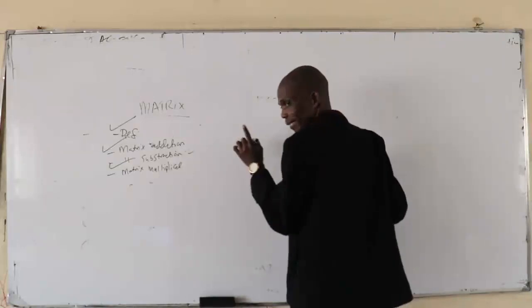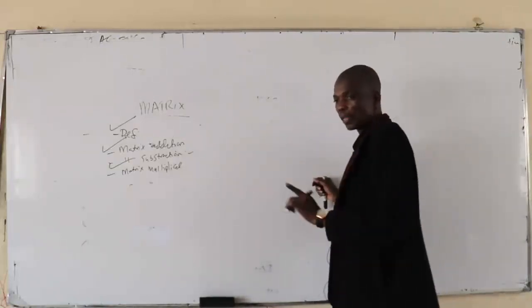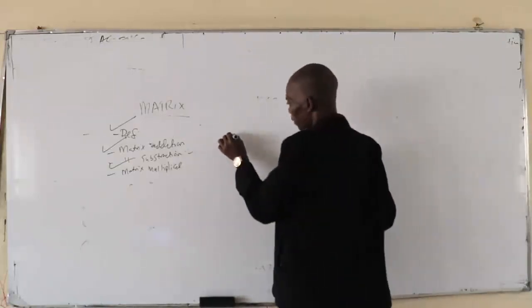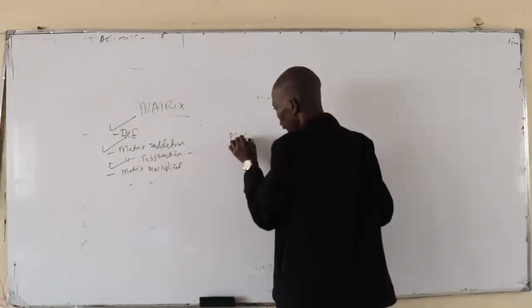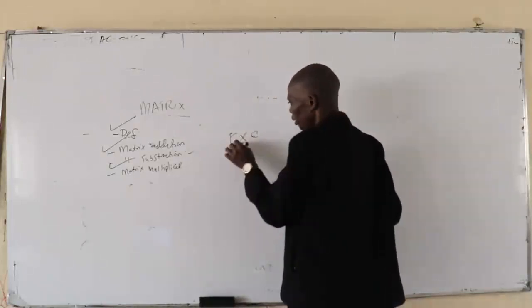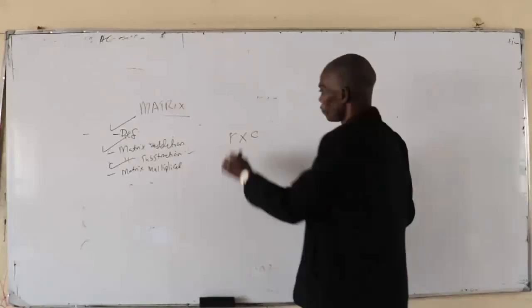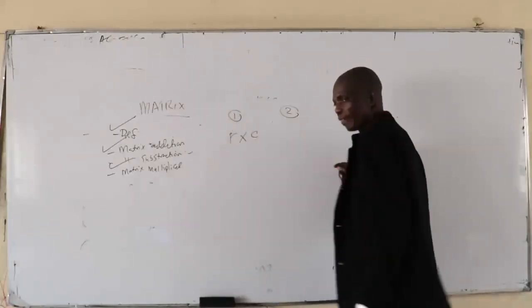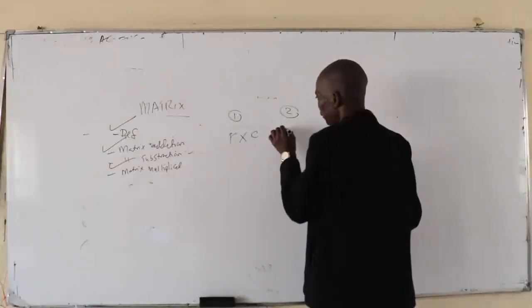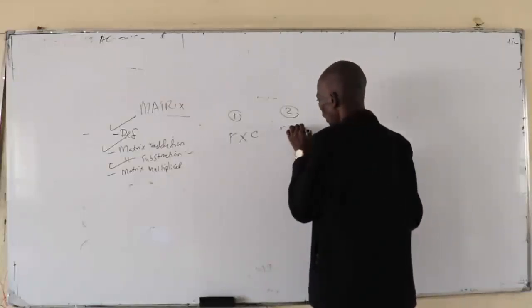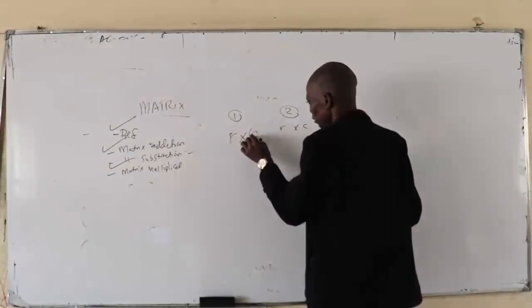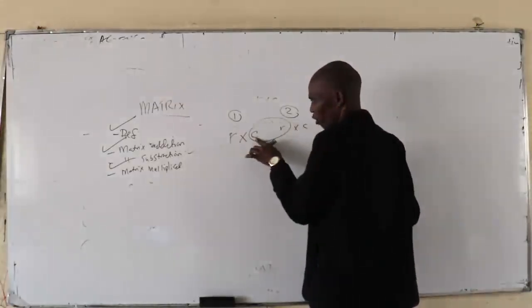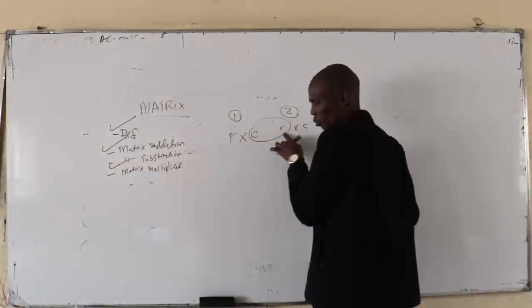This is the rule. If you have to multiply a matrix by another matrix, the matrix order is denoted by R times C, row times column. If this is the first matrix and you want to multiply by the second matrix, then the column in the first matrix must be the same as the row in the second matrix.